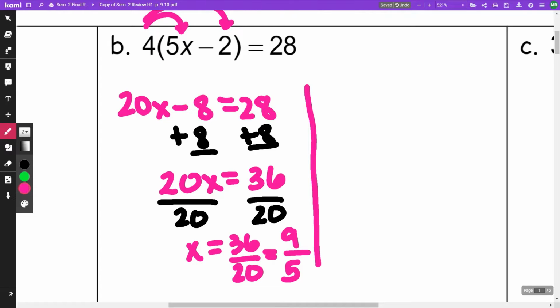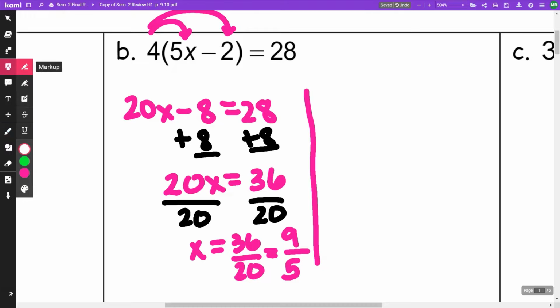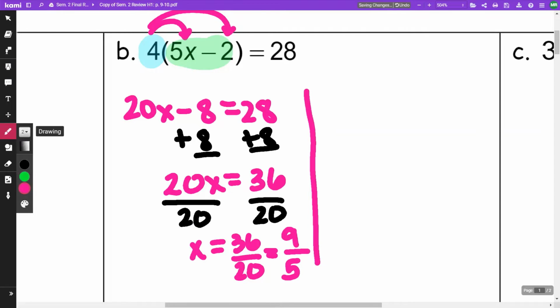The other method I could have used is, since we have two things multiplying together, I have this 4 multiplying with this quantity. I can get rid of the 4 by dividing both sides by 4. So I could have divided this side by 4, divided this side by 4, since 4 goes into the 28.